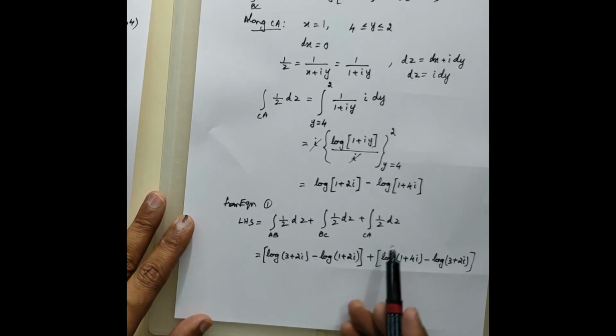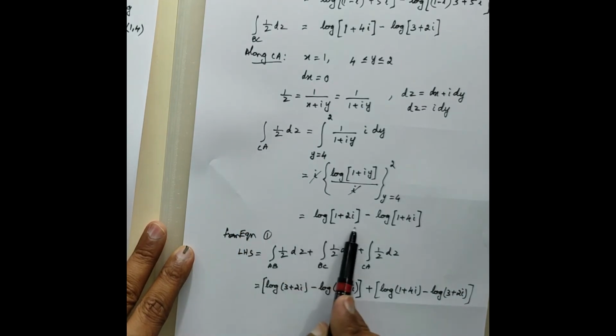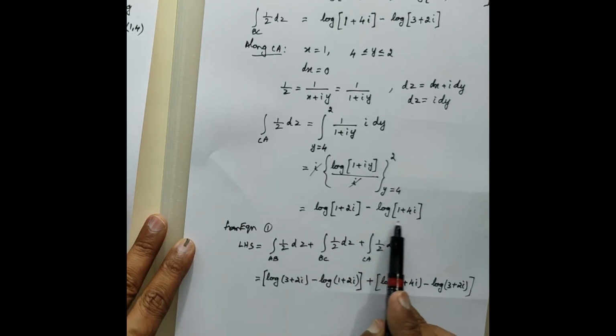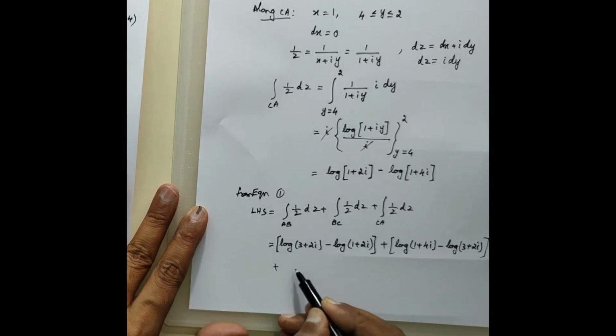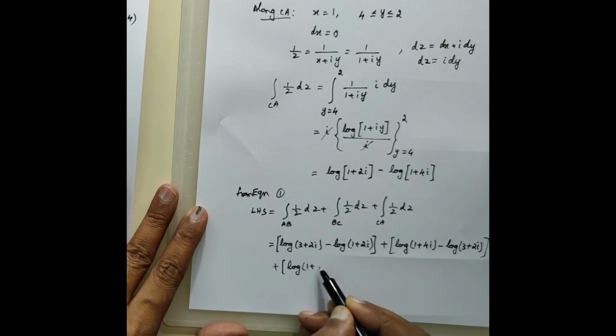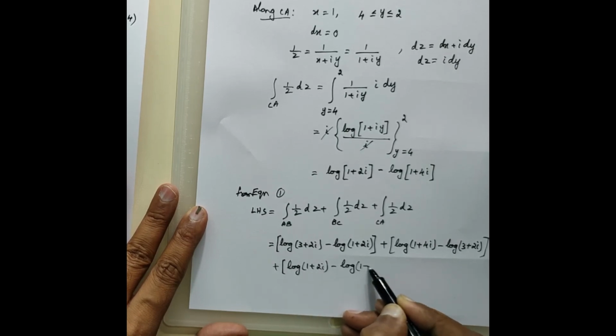Now along CA, just now we have got it, it is log of 1 plus 2i minus log of 1 plus 4i. So just write down that value, plus log of 1 plus 2i minus log of 1 plus 4i.